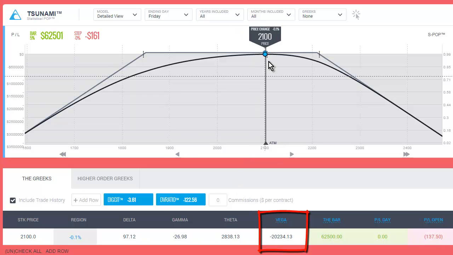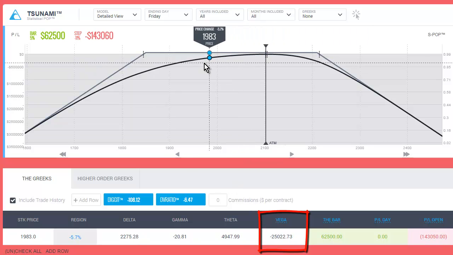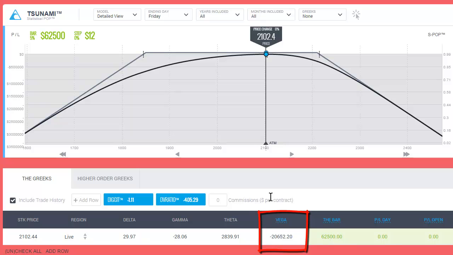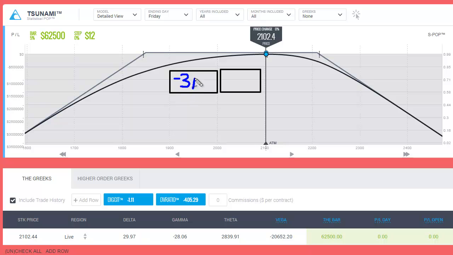So needless to say, when the market comes down this direction, let's just draw a picture here. We have our Vega, and then we have our P&L. This position has about negative 3 million Vega.